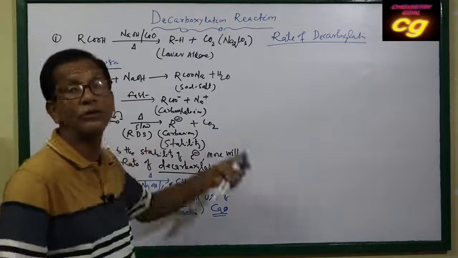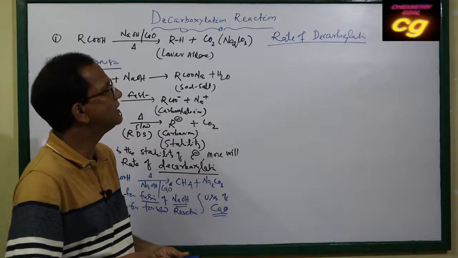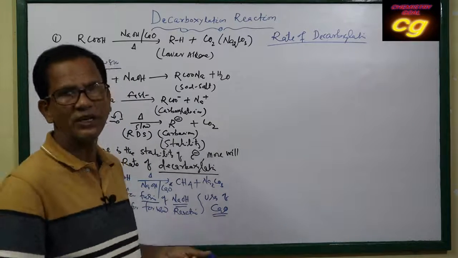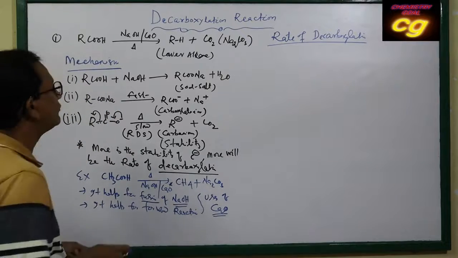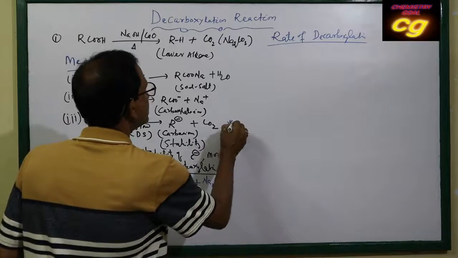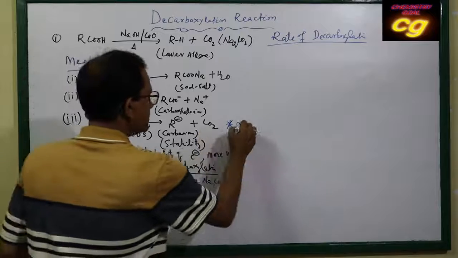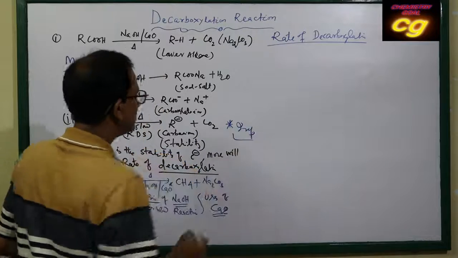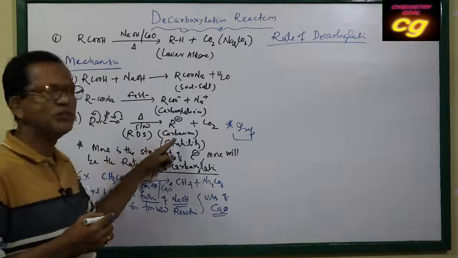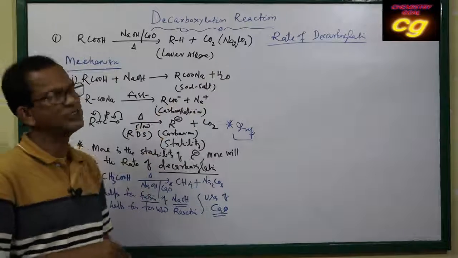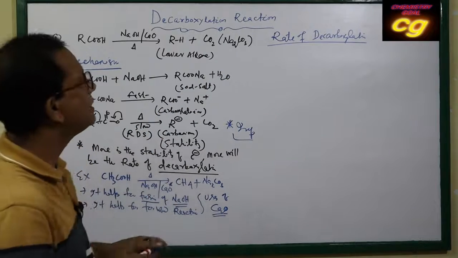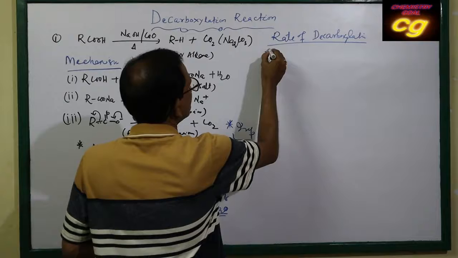It is very important for your competitive examination. Generally the question asks in which case the rate is faster. We have already discussed this very important point: if the carbanion is more stable, then the rate of decarboxylation will be faster.